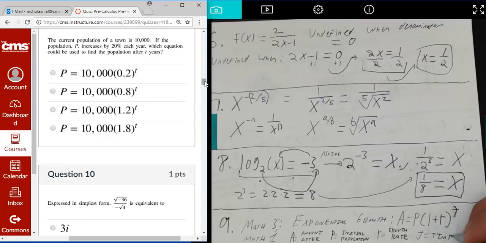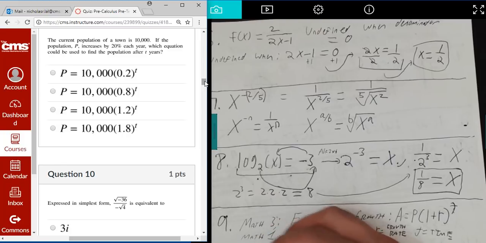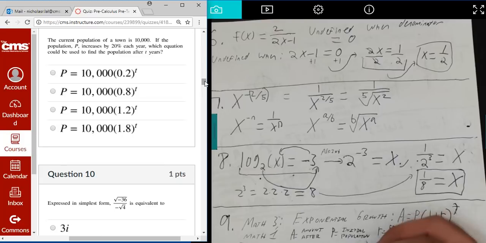So for this problem, our population is going to be equal to our initial population, which is 10,000, times 1 plus the growth rate, which is 20%. 20% represented as a decimal is just 0.2.